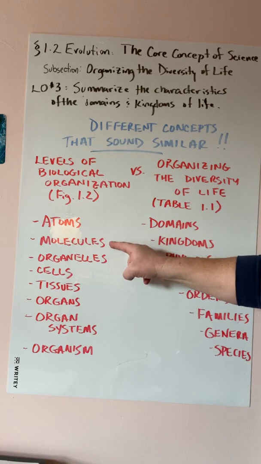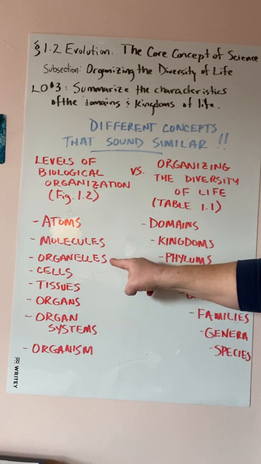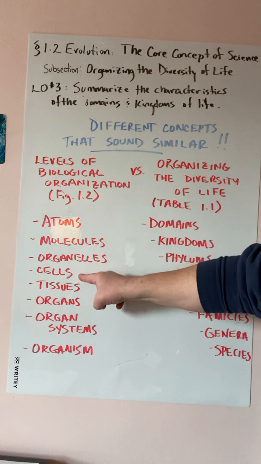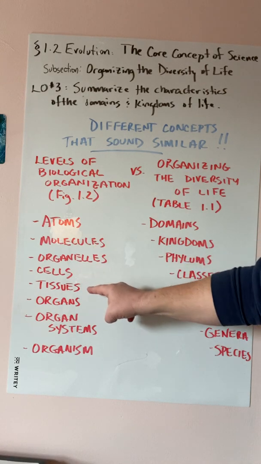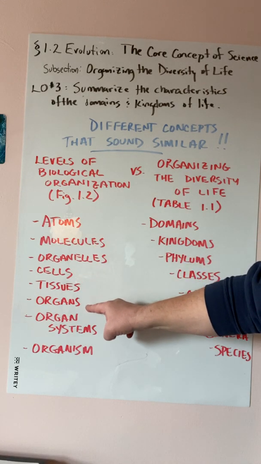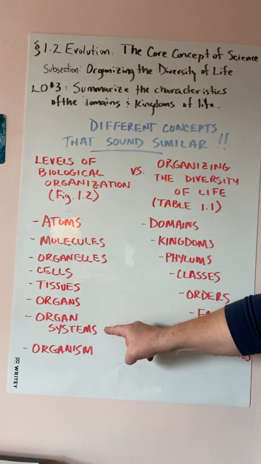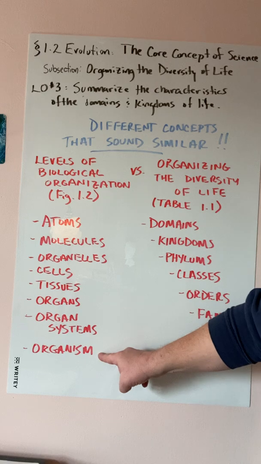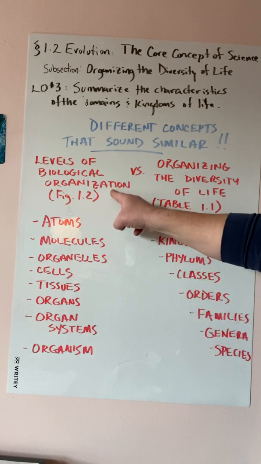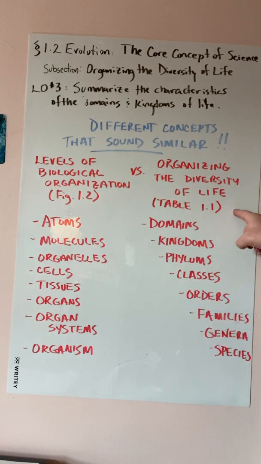The atoms that build into molecules, the molecules that group together to form organelles, organelles that group together in cells, different types of cells that become tissues, tissues become organs, organs group together in organ systems, and the collection of all the organ systems is the organism. Those are the levels of biological organization. Now we're going to look at how we put different organisms into groups, that is organizing the diversity of life.